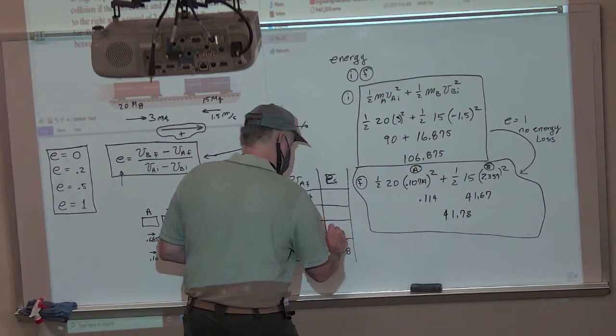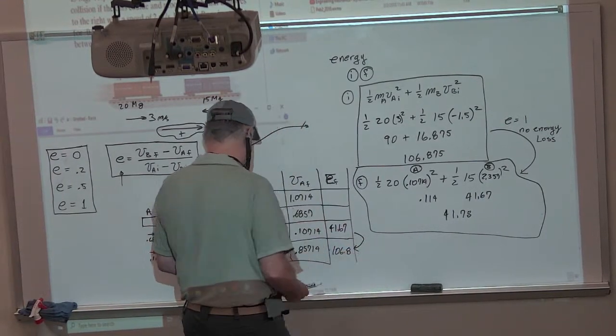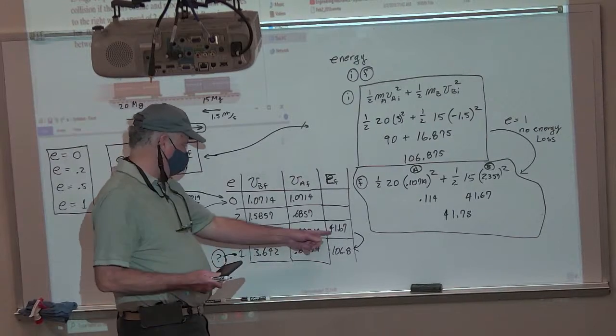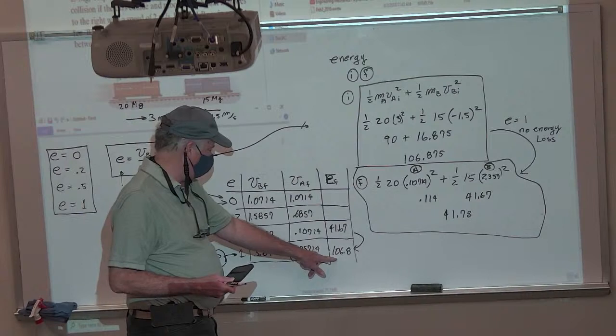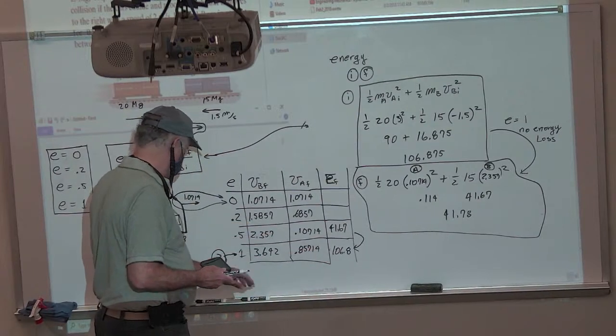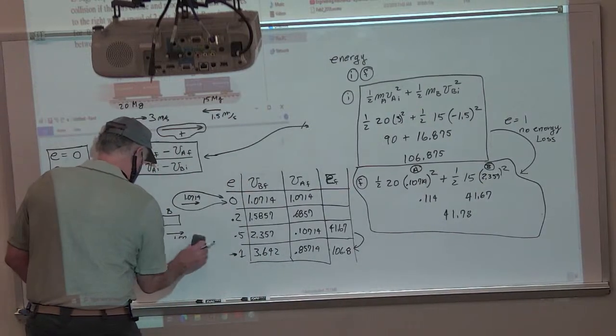Considerable loss of energy. Notice what happens. The energy state here is considerably lower than the initial energy state. E equal to 1 is a special case in which it's completely elastic.